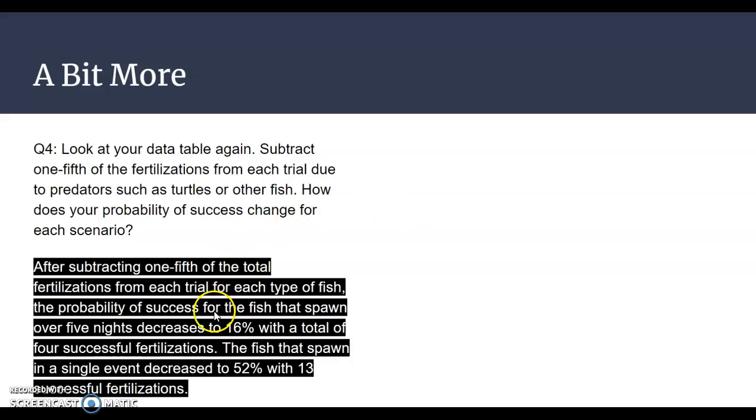You're looking at the probability of success decreasing when you subtract that 1/5 of fertilizations. So decreasing by about 16% with the spawning over 5 nights, and spawning in a single event decreases to about 52%.